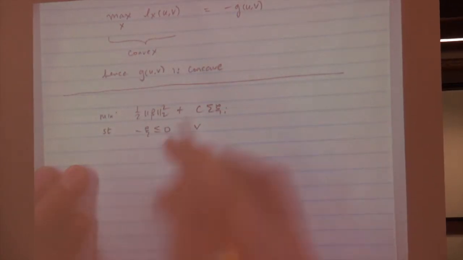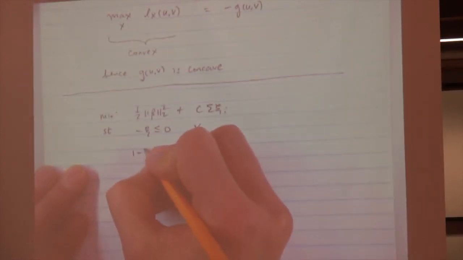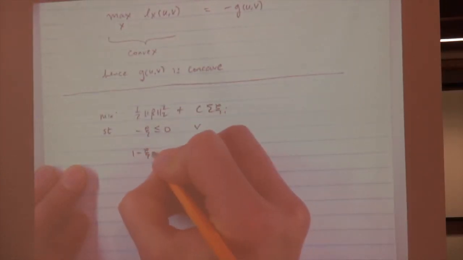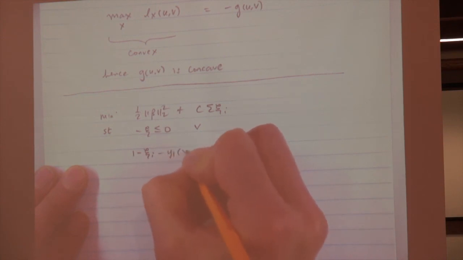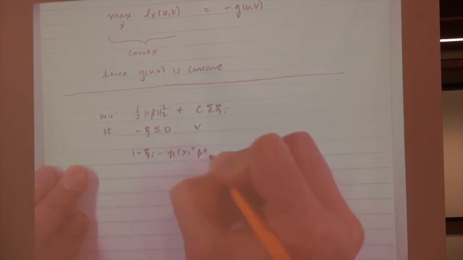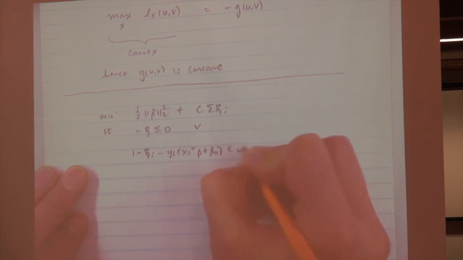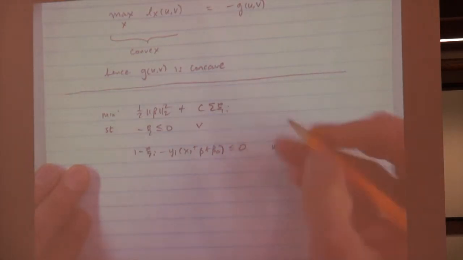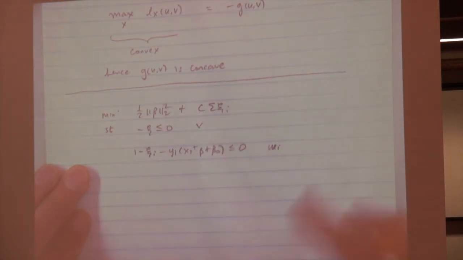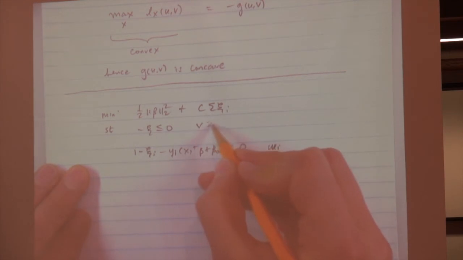And I'm going to write this as 1 minus psi i minus yi times the quantity xi transpose beta plus beta naught is less than or equal to 0. And I'll introduce two variables here, ui. Or, sorry, I guess I called it w in this case, wi, and these are all non-negative.